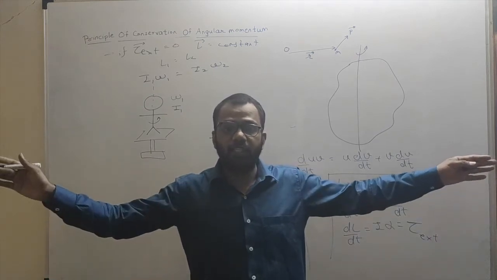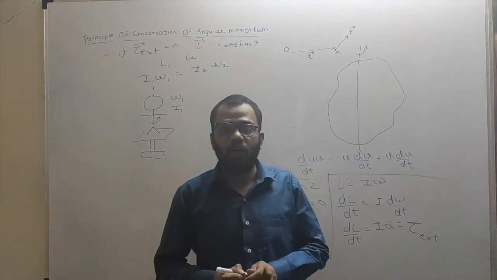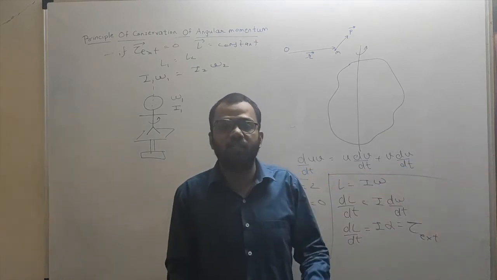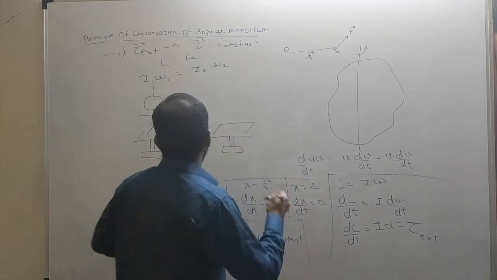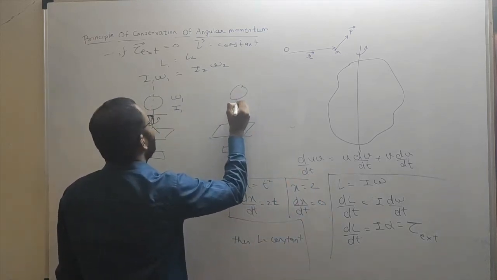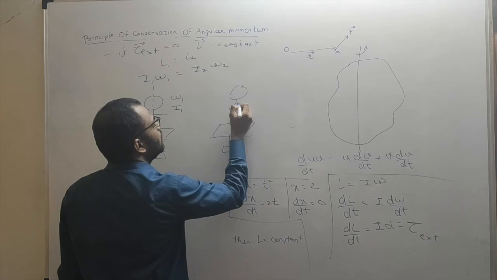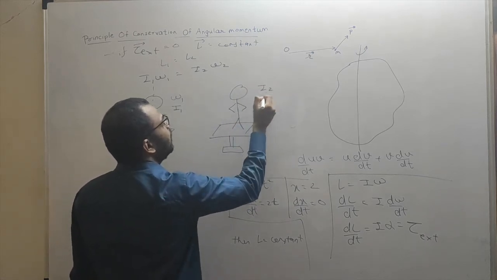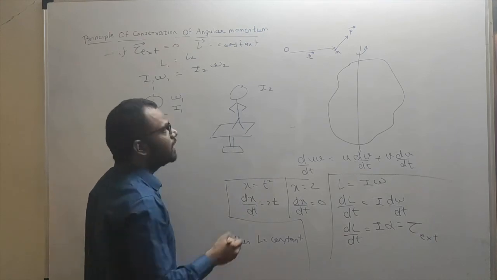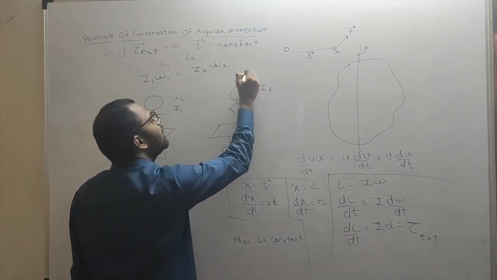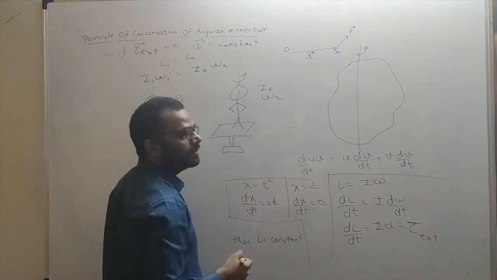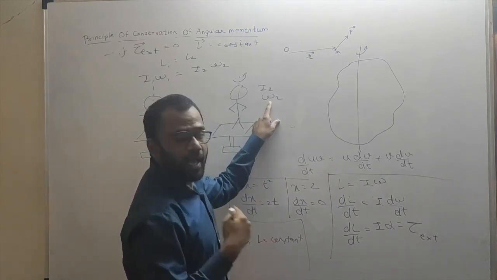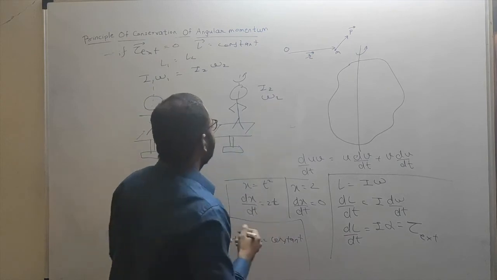Okay. Now, what will happen if he brings his arms closer to his body? Then his moment of inertia will decrease, right? Because now the distribution of mass from the axis of rotation is at a lesser distance, so its moment of inertia will decrease. So when he brings his arms close to the body, the moment of inertia of the body will be different, and his angular velocity will also be different, right?